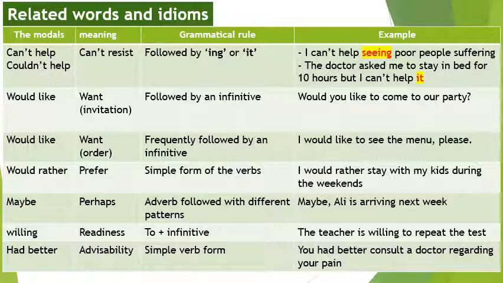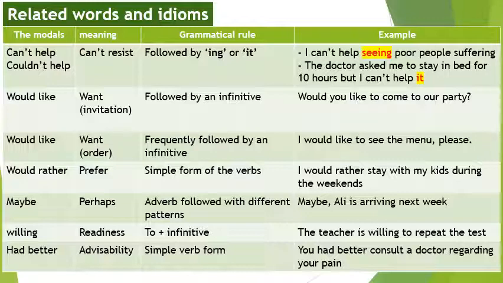Just like when you are expressing your desire. We need to pay very good attention to the distinction between the first would like and this would like, because it's always the meaning or the context which indicates whether you are requesting or inviting somebody else to do something with you.